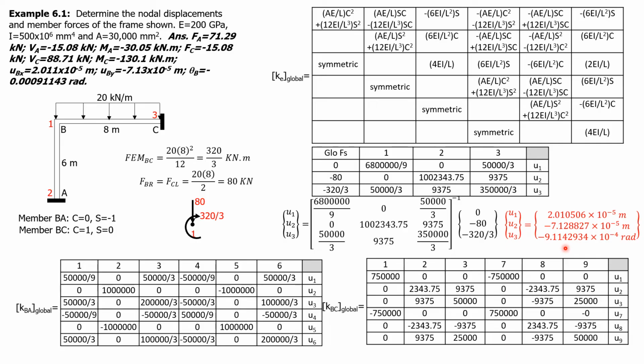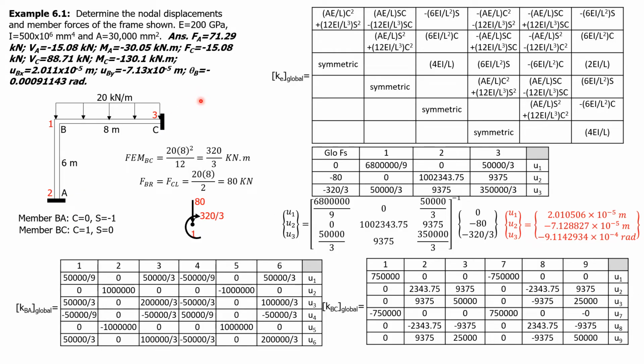Then the rotation is negative, so it means clockwise. Naturally, it's clockwise because of this load here. So the tangent would be rotating clockwise because this is negative 9.114294 times 10 to the negative 4 radians. So that's it for the global displacements.